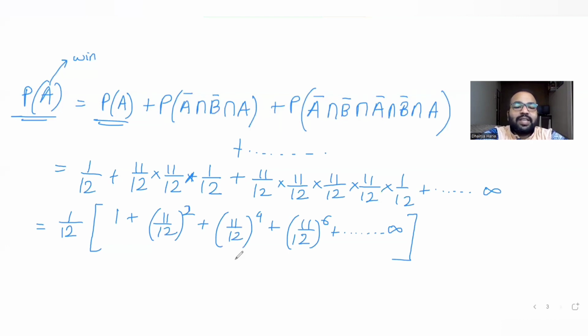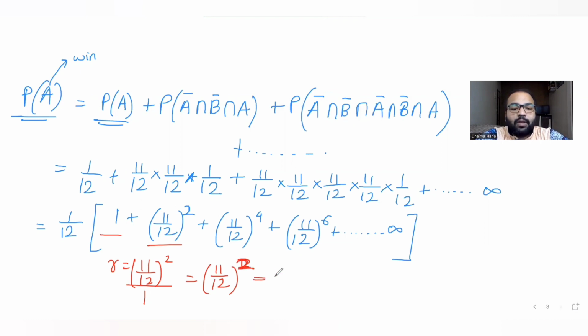Now, if I see this entire list, what is it comprised of? If I take the ratio of consecutive terms, it becomes 11 by 12 square upon 1. Here also, if I take the ratio, I get 11 by 12 raised to 4 upon 11 by 12 square, so that's again 11 by 12 square only.